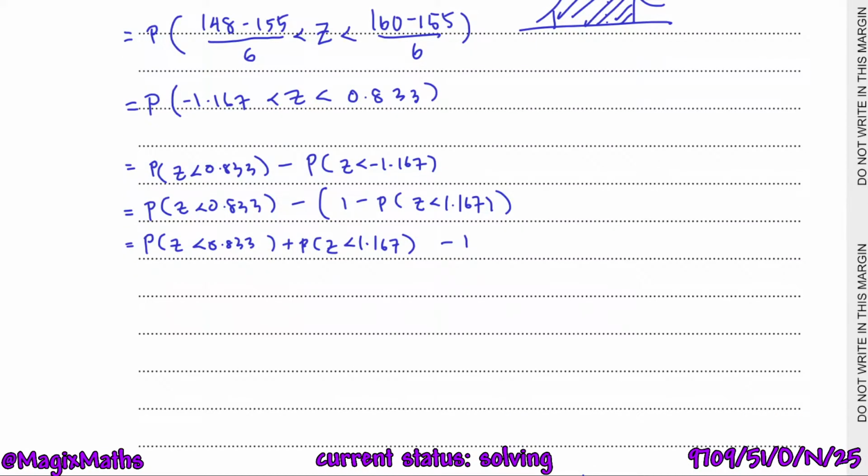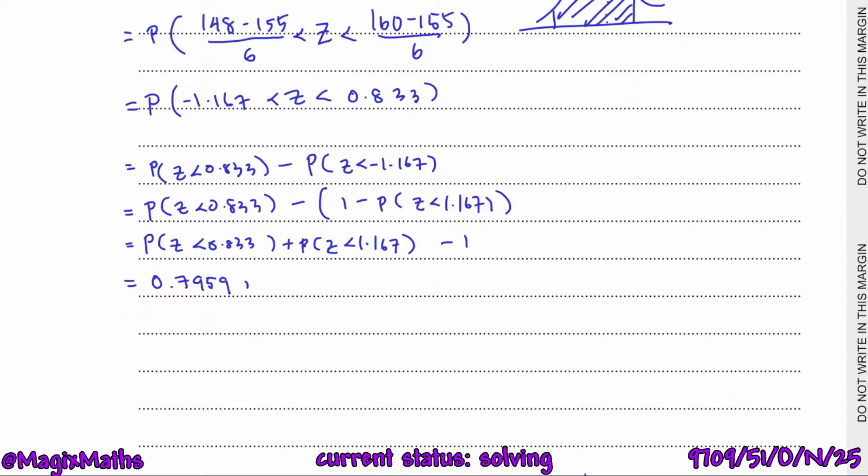Right. So just look up this z-score table. 0.833. So that's 0.7967 minus 8, 7967 minus 8 is 59. Is it? Okay.